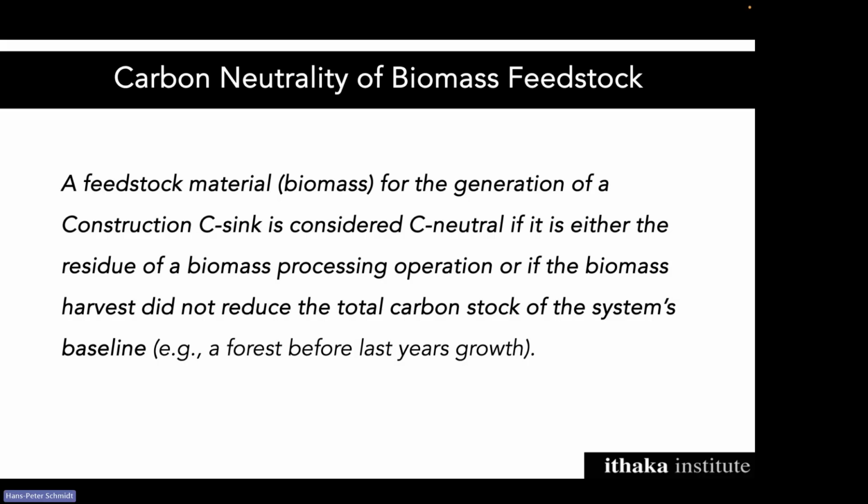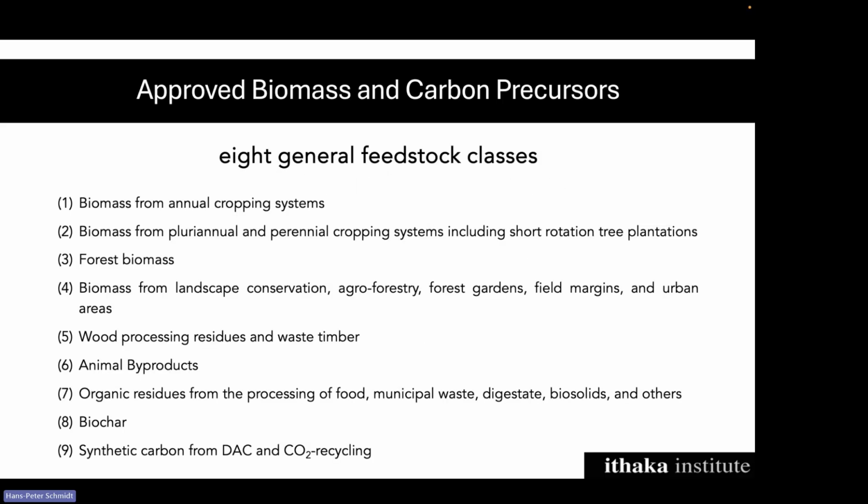So you find the definition of how biomass materials can and are considered carbon neutral, and this is similar to how we control and certify feedstock for biochar production, for example.